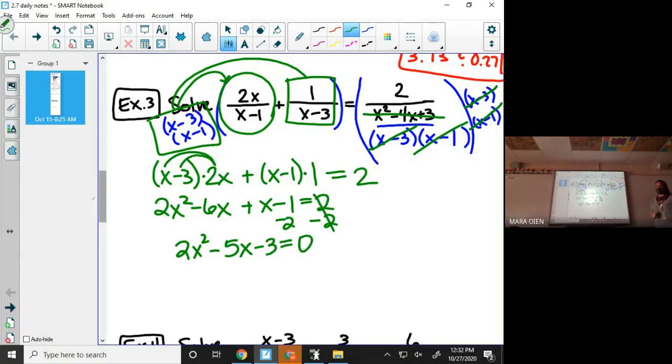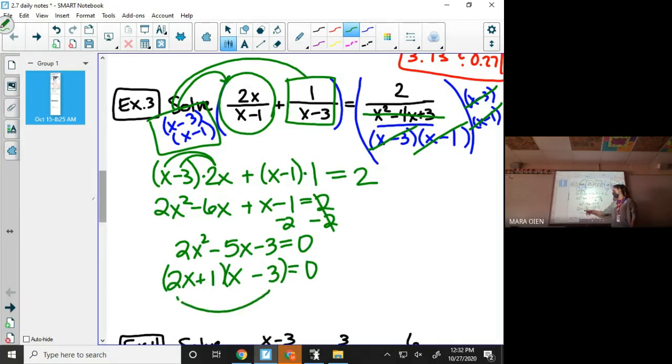I believe that this one will actually factor for us, so I'm going to try and factor. If you want to use the quadratic formula, you may. The only way to split up 2x squared would be 2x and x. I need one of them to be negative because I've got that negative 3. I believe I want it this way because that's going to give me negative 6 plus 1. Yeah, that's negative 5.